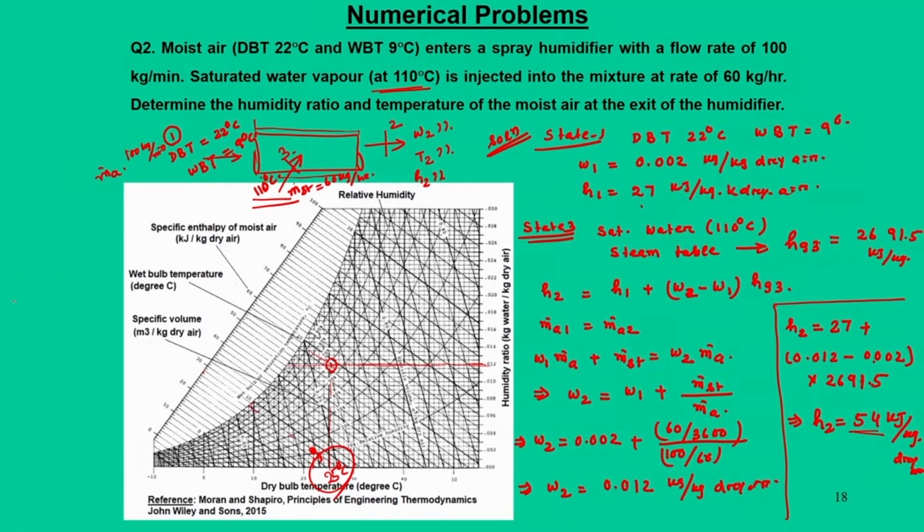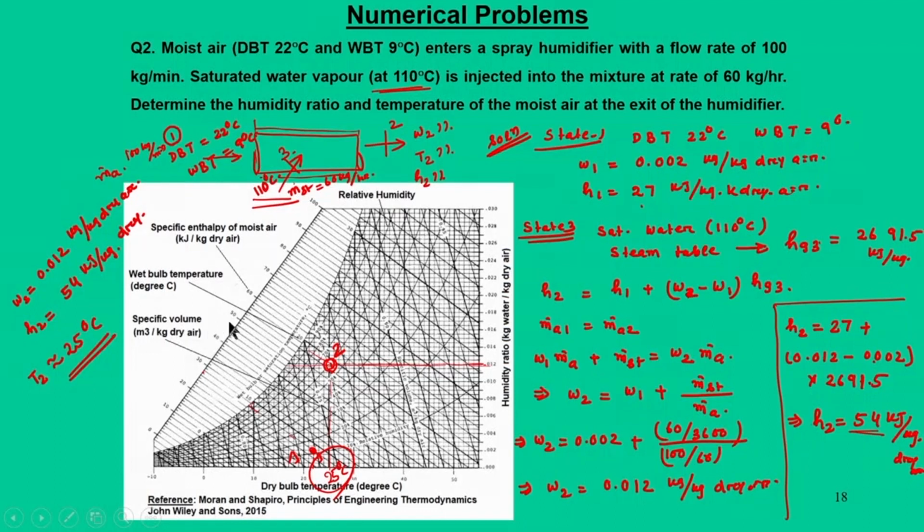So, with omega 2 as 0.012 kg per kg dry air and H2 as 54 kilojoule per kg dry air, on the psychrometric chart point 2 is located; initially point 1 is here, point 2 is here. So, T2 will be approximately 25 degree centigrade.